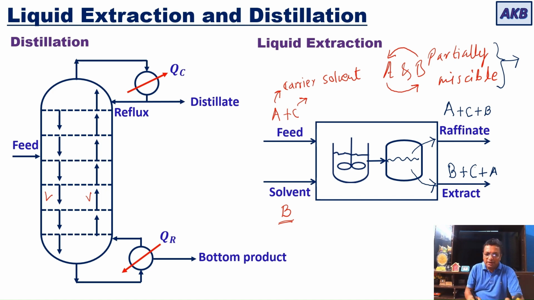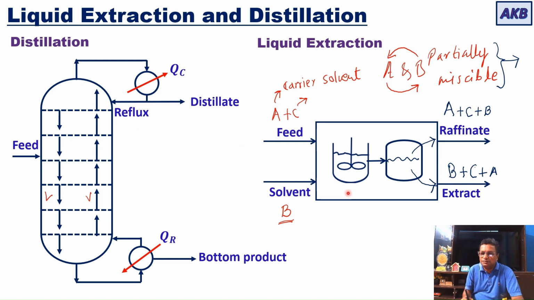Okay, so if you compare liquid extraction with the distillation operation by looking at these two schematic diagrams, we understood that in distillation there is the cost of heating in the reboiler, the cost of cooling water in the condenser, and the pumping cost for the reflux.